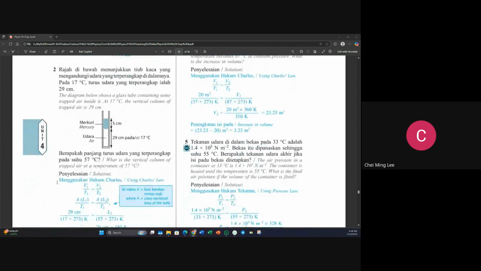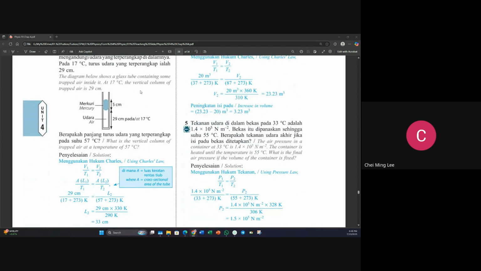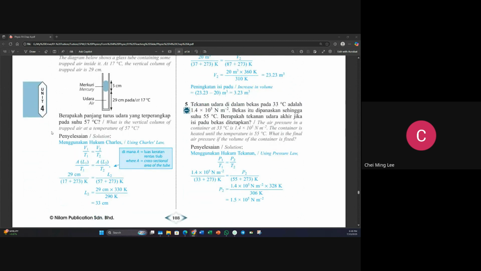All right, now the diagram below shows a glass tube containing some trapped air inside it. At 17 degrees Celsius, the vertical column of trapped air is 29 cm. So it gives you temperature and the vertical column. What's the vertical column of trapped air at 57 degrees?